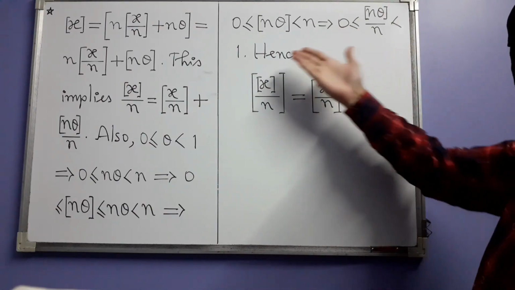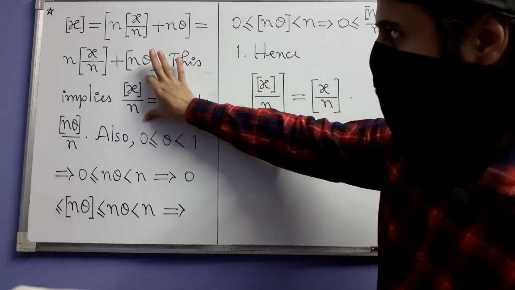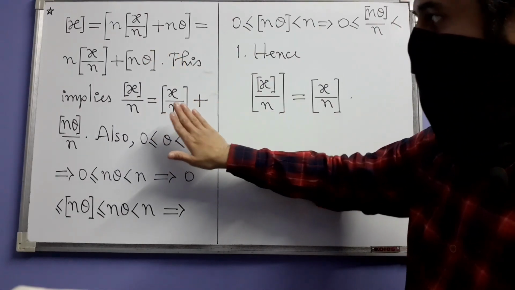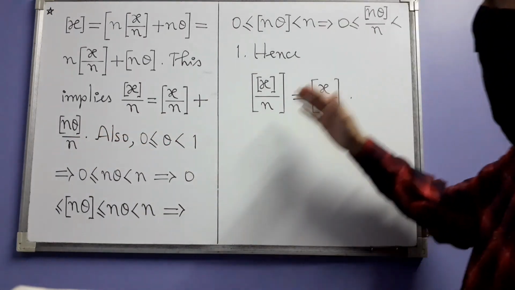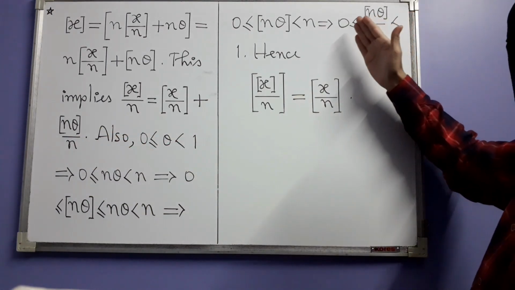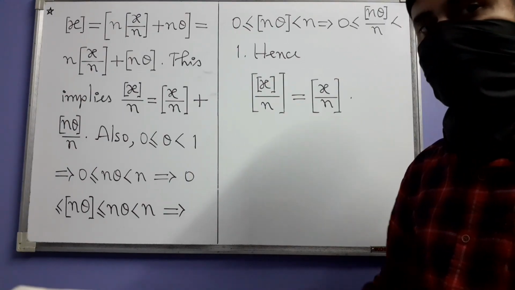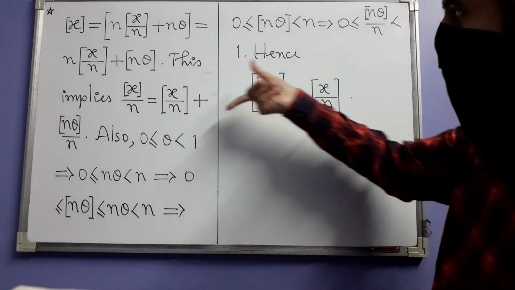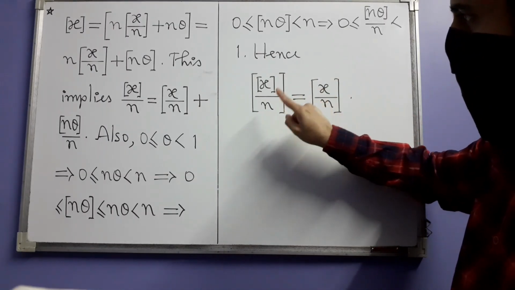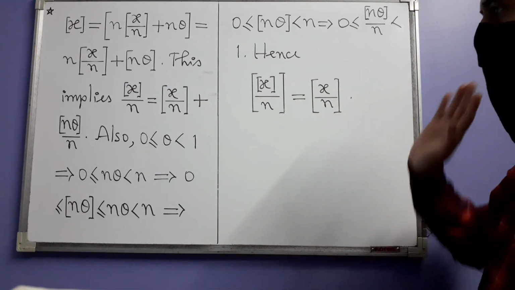Now you look at these inequalities and at this equation. This real number is equal to an integer plus another real number, and that other real number is non-negative and less than 1. So by the definition of the greatest integer function, this integer is nothing but the greatest integer value of the left hand side. So that's how you have this identity proved.